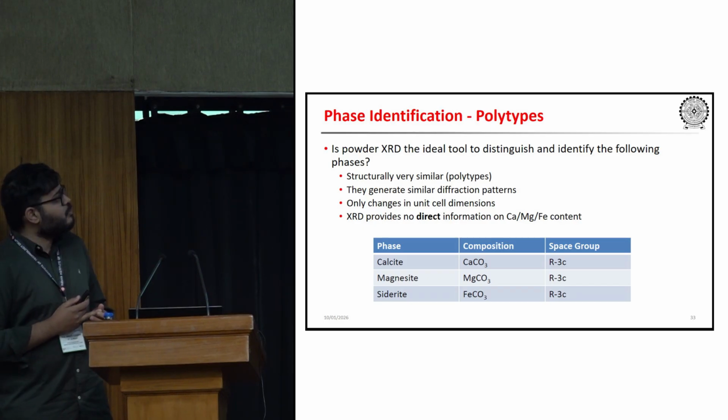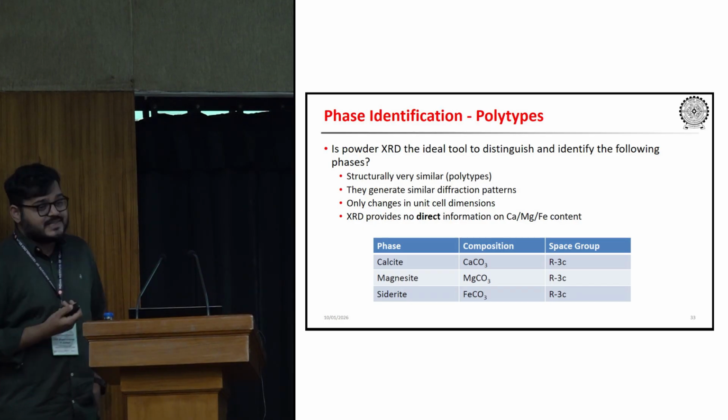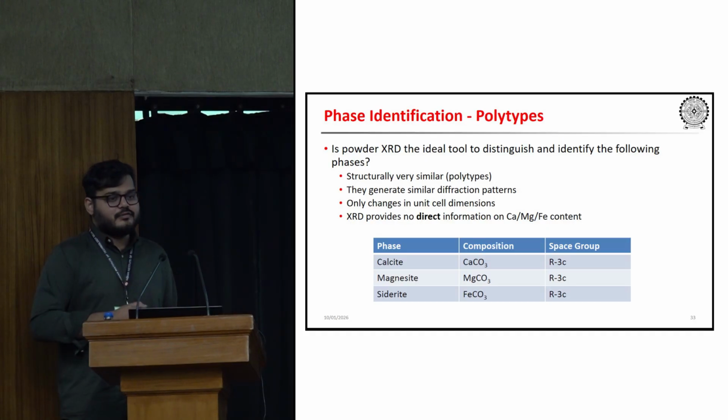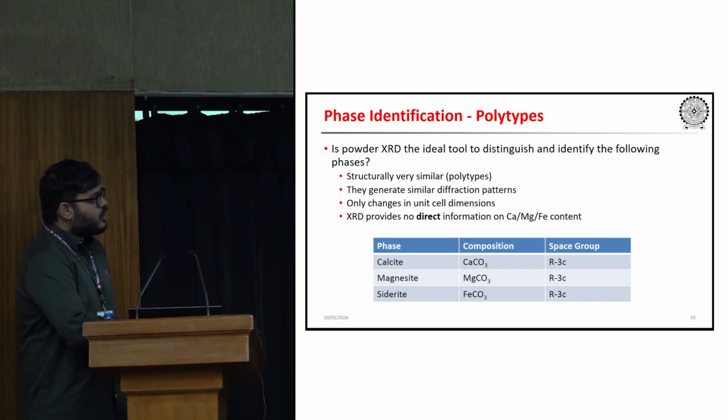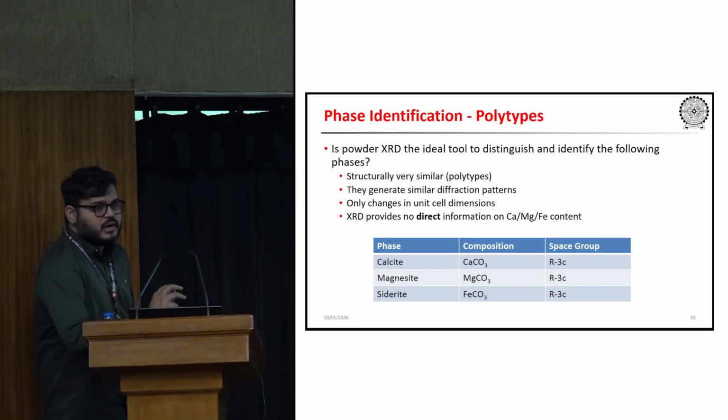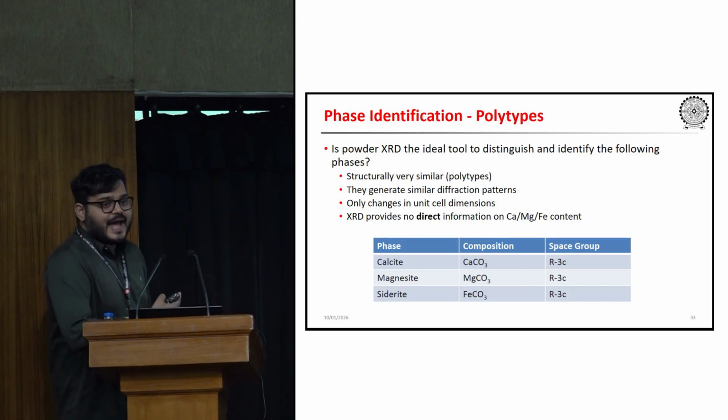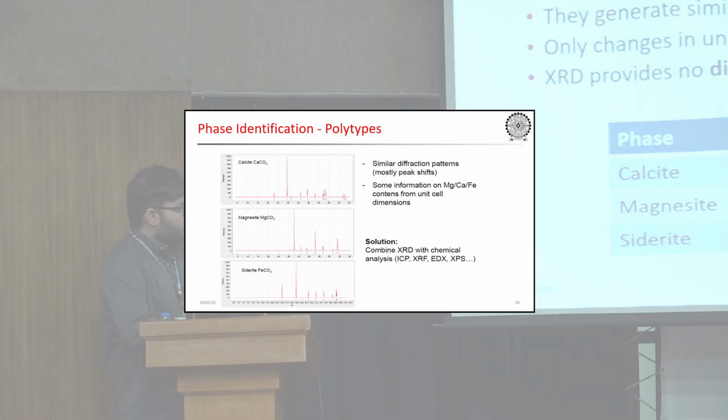XRD might not be. These are all structurally very similar. These are polytypes, right? They generate a very similar diffraction pattern, and what is going to change is the overall size or the unit cell dimensions of the material. So XRD cannot directly provide you any information regarding the calcium content, iron content, or the magnesium content, right?